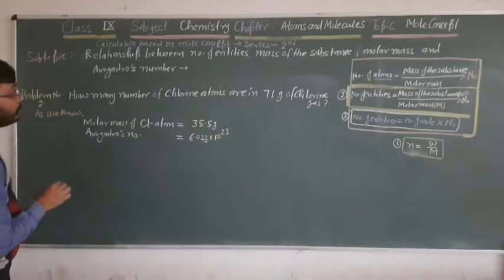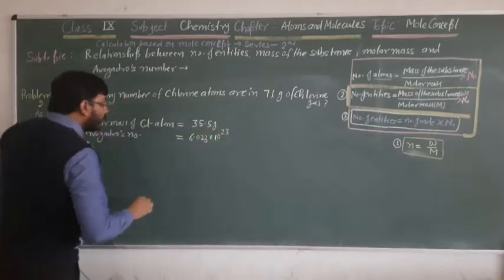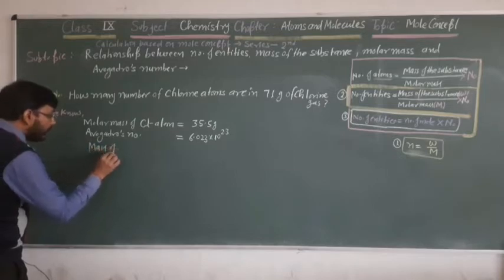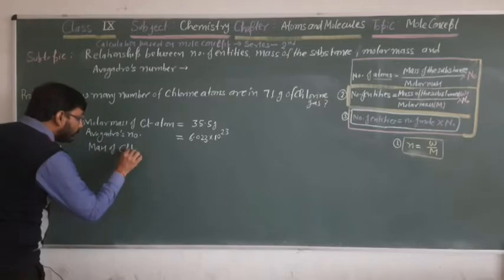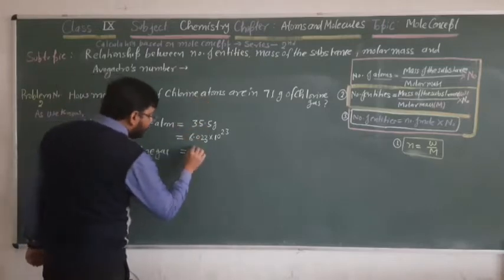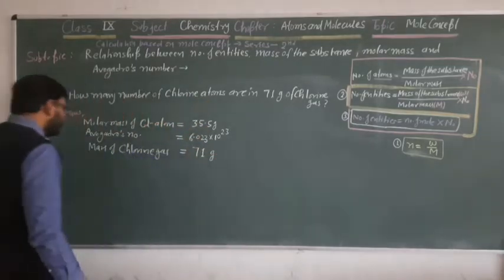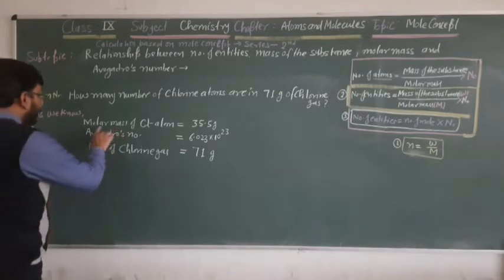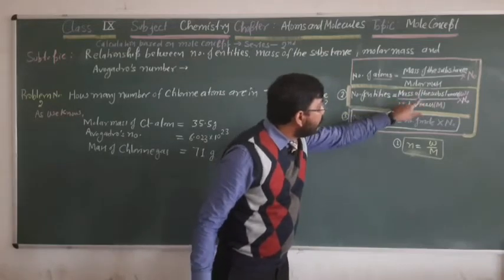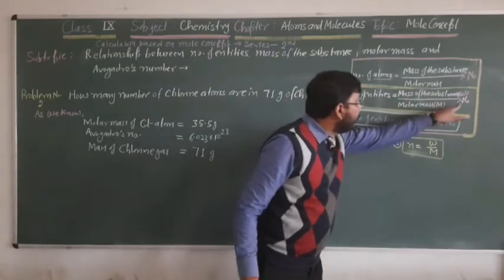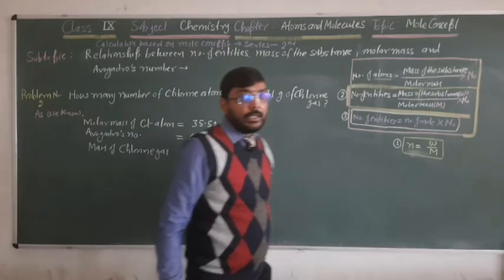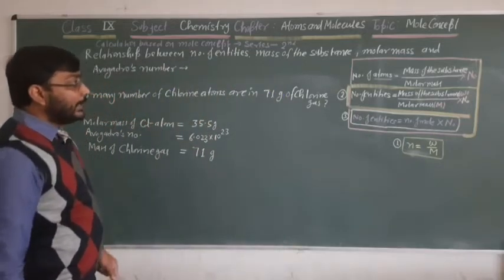Then, the mass of chlorine gas given in the question is 71 gram. Now we have three pieces of information out of four. Total information we require is three.